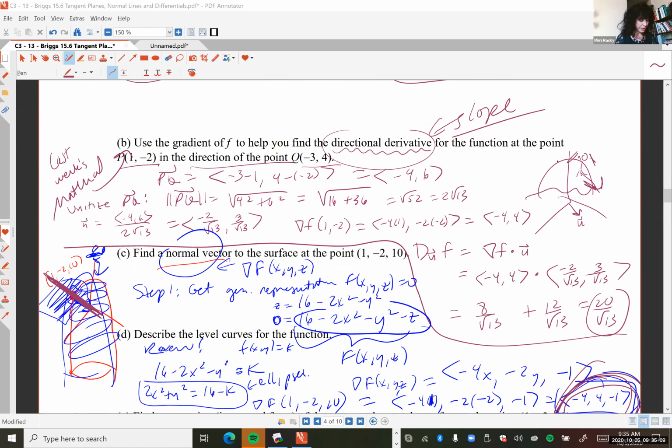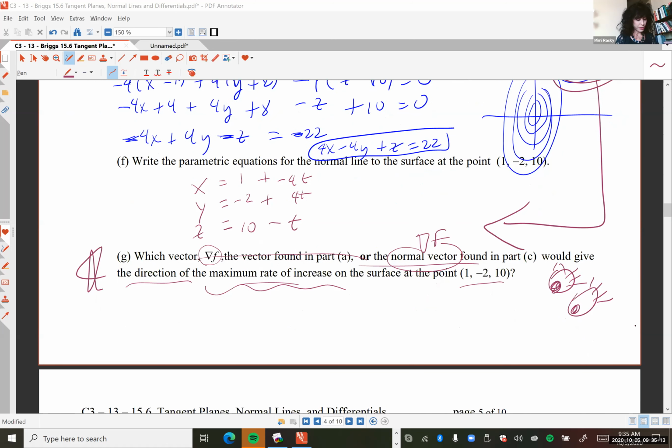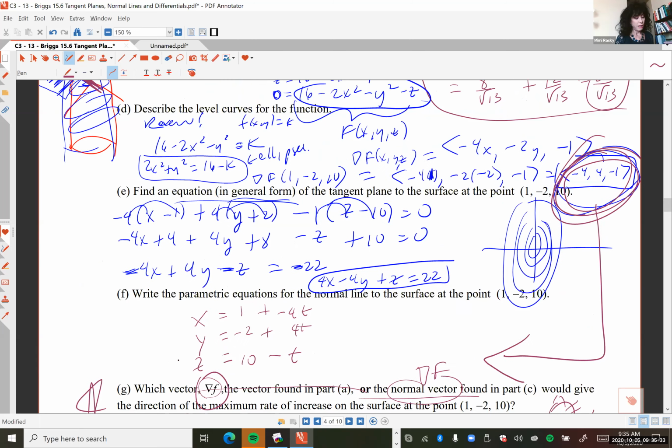Okay, so it turns out, folks, and I know you're probably going to guess wrong, because I heard some folks screaming out big F, and it's like, no, no, no. It's little del F. That's where you go if you want to increase your slope. What about big F?